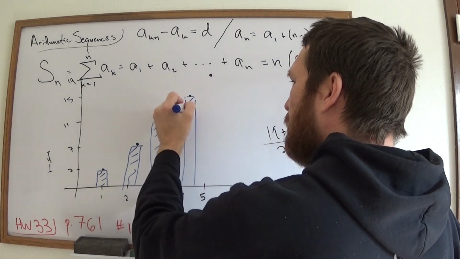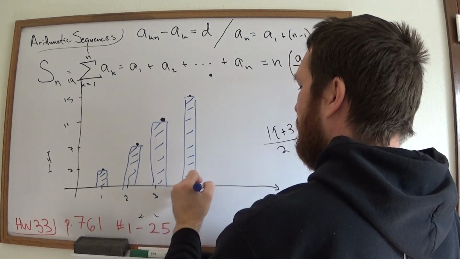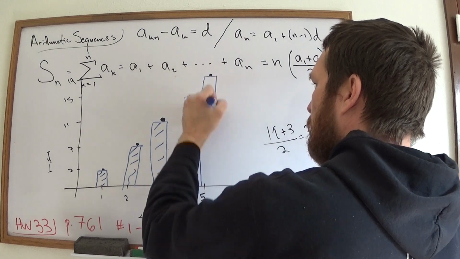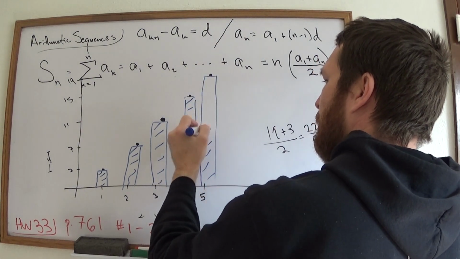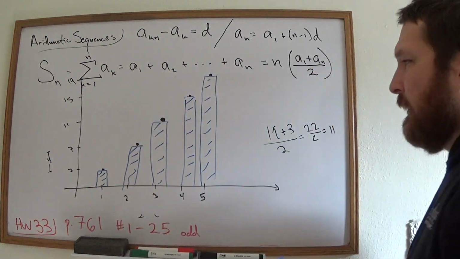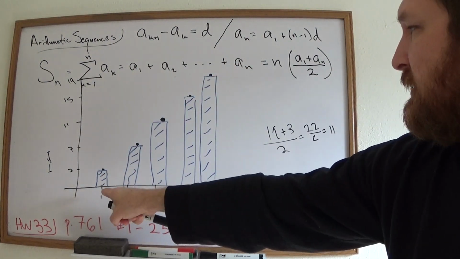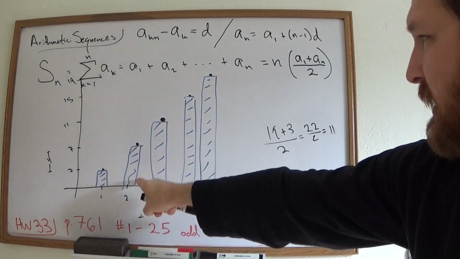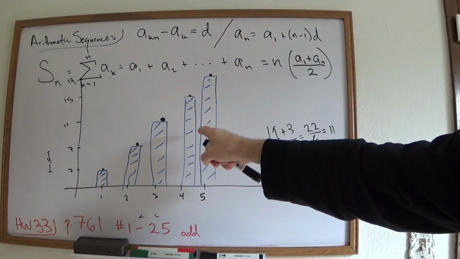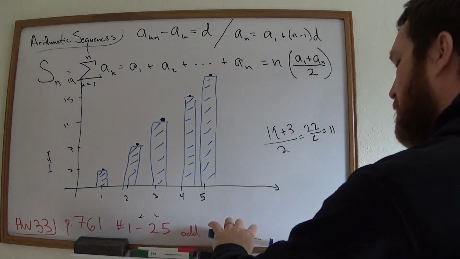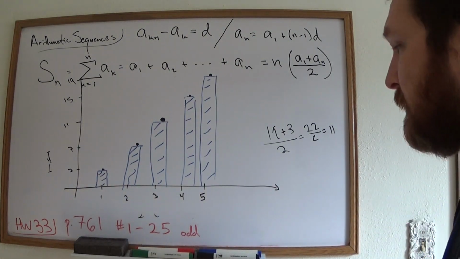And you could think about it as area if you like. You can say, what's the total area that we're adding up here? And we could either do that this way, where we add up each one of these boxes. You add up 3 plus 7 plus 11 plus 15 plus 19, which is whatever it is. I didn't bother to do that.